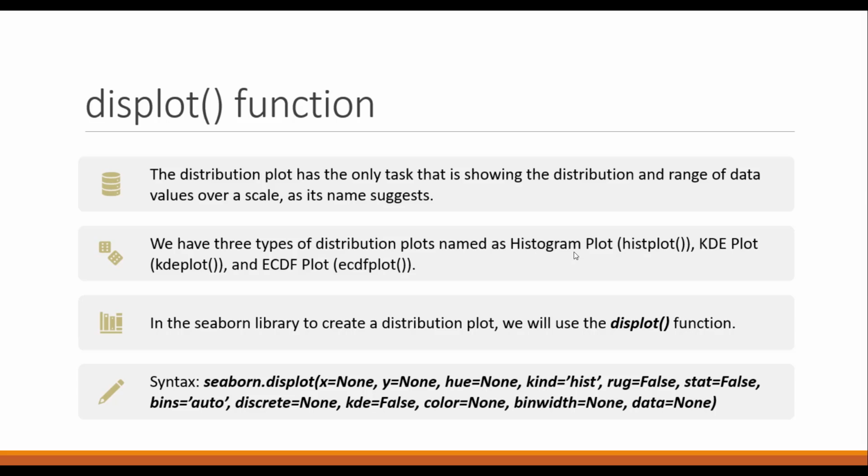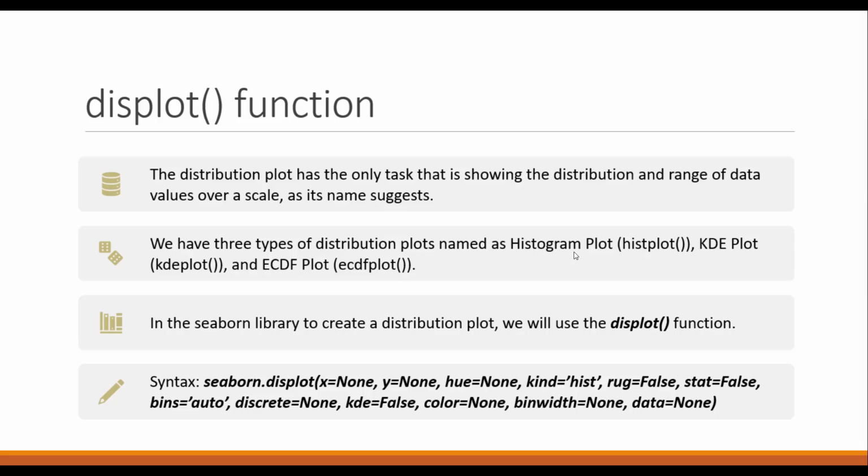The first two parameters are x and y. These are the data points that define the x and y axis location. The second one is hue. It is a grouping variable that will produce components with different colors. The next one is kind. It decides what kind of plot you want to draw. We have the options hist, KDE and ECDF, and by default it has the value hist.